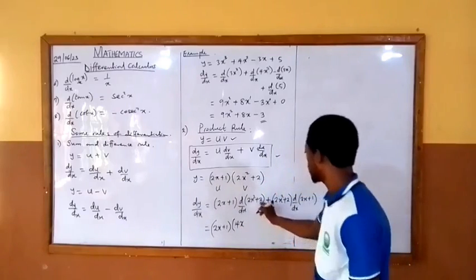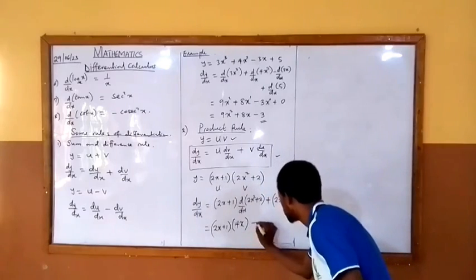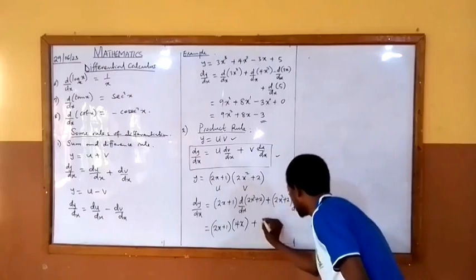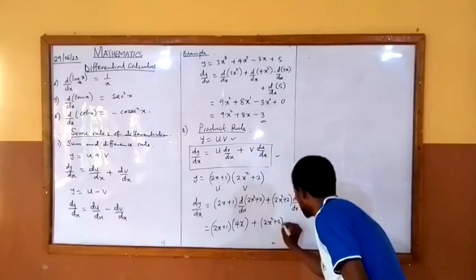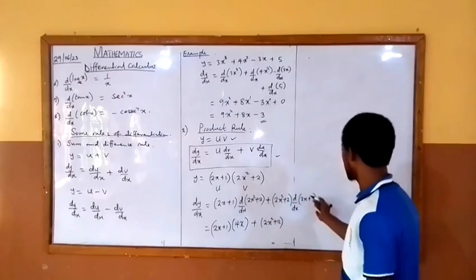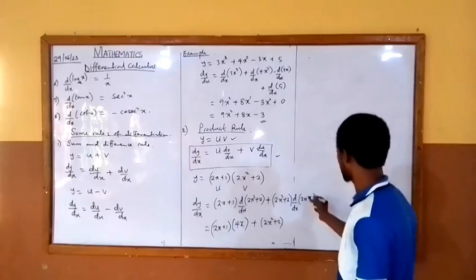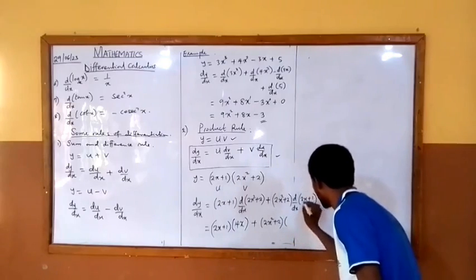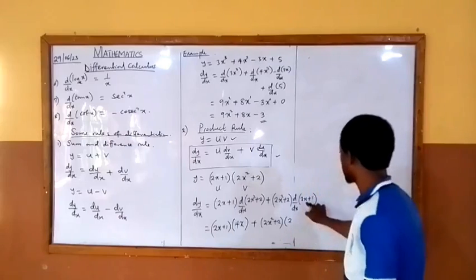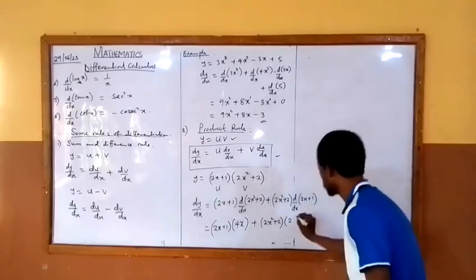Then plus the derivative of 2, that's a constant, that's 0. So we have this here. Then plus, here now you have 2x squared plus 2. Then differentiate this as well. You know that the power here is 1, so 1 times 2, that's 2. And 1 minus 1, that's 0. x raised to power 0 is 1, so of course this is 2. 2x will give us 2 now. Then 1 will give us 0, so we only have 2 here.